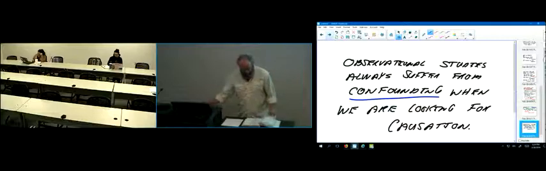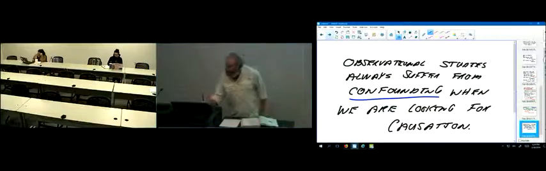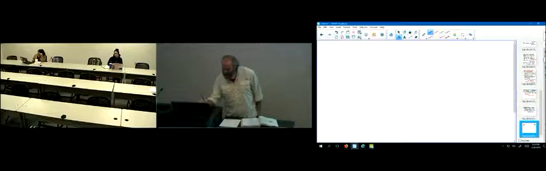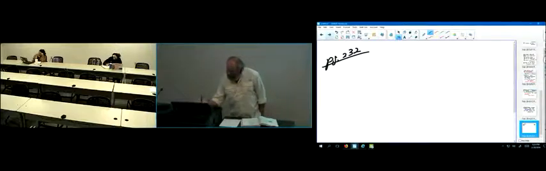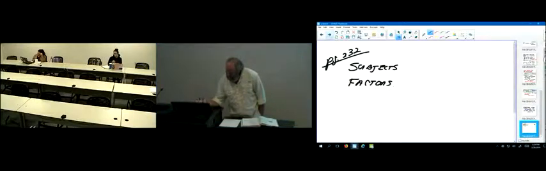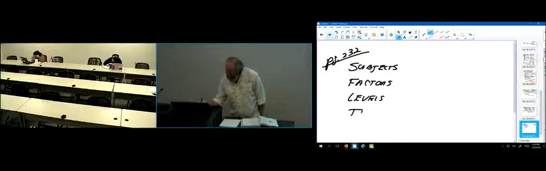Now, on page 232, we got to get our language right about experiments, our vocabulary, and we're going to talk about subjects, factors, levels, and treatment.